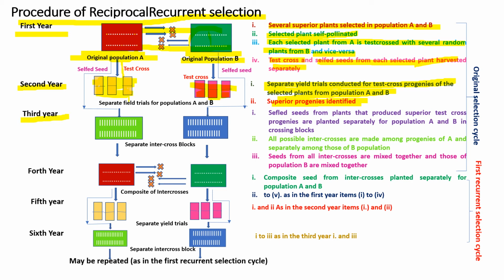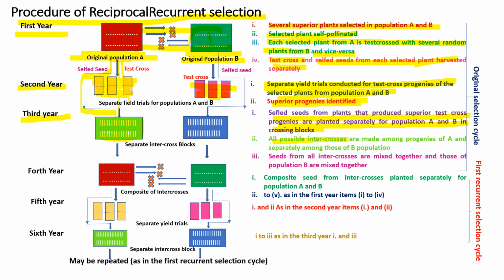And in the third year, what happens? From the original population A, self seeds are collected, and for plants with superior test cross performance, self seed is planted separately for populations A and B in intercross blocks.